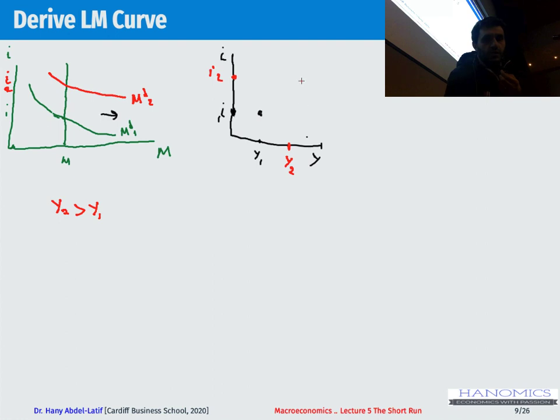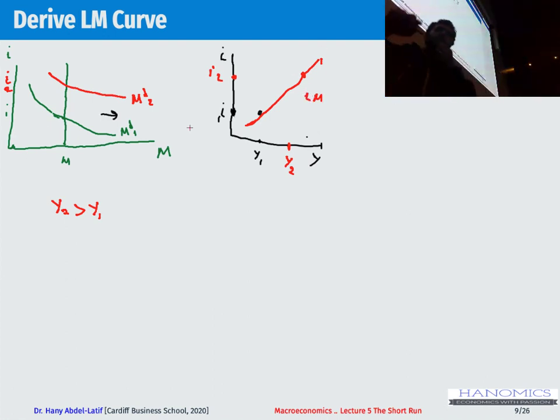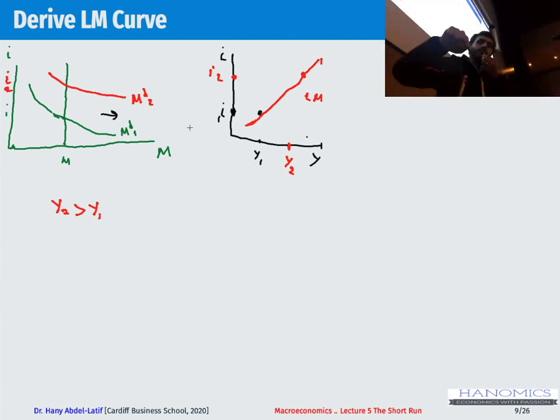This is the equivalent point on this space, on I and Y. If you connect these two points, this will give us the LM curve, where every point on this curve shows you equilibrium in the money market.